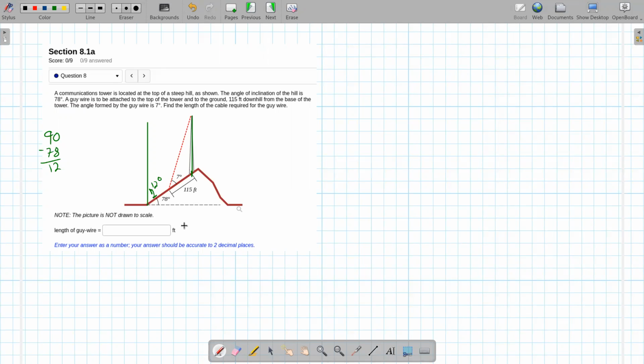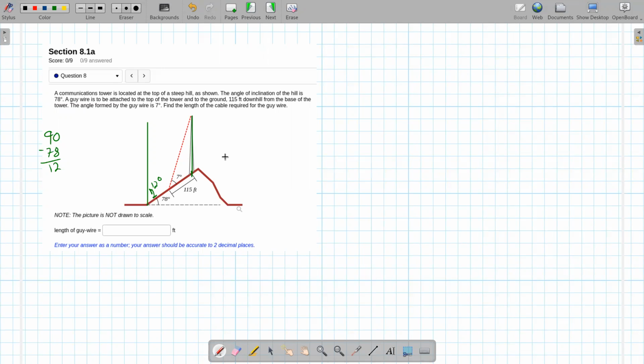And does that help? Let's see, I need to know either this angle up here or this angle down here.